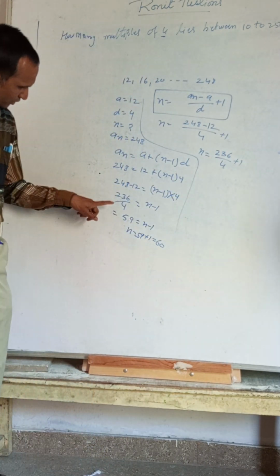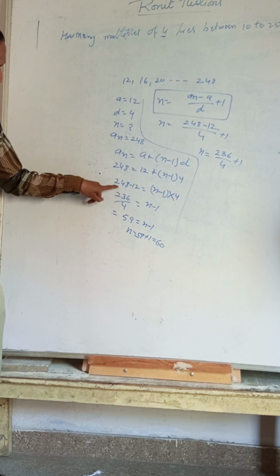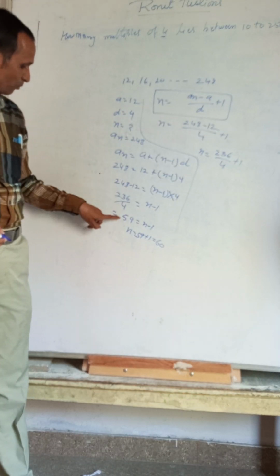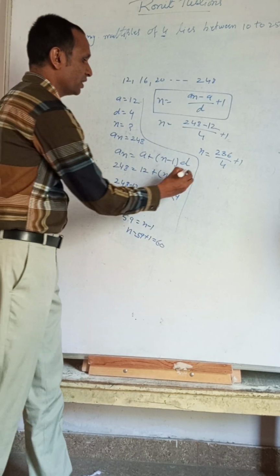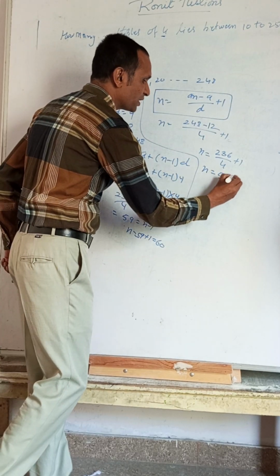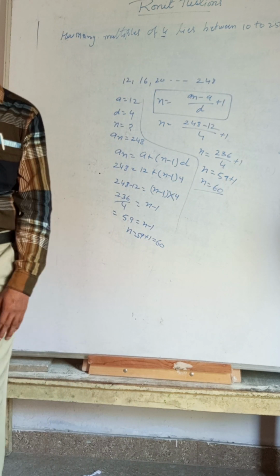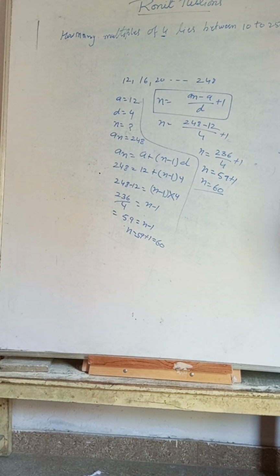See, the same numbers are coming. So n is equal to 59 plus 1, n is equal to 60. There are 60 numbers that are divisible by 4, or the multiples of 4.